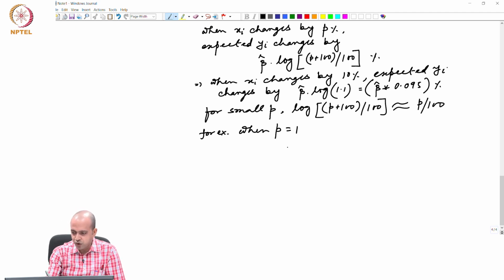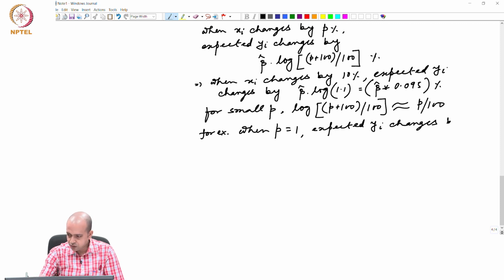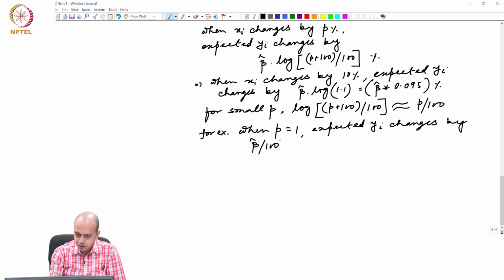When p equals 1, the expected value of yi changes by beta hat divided by 100.